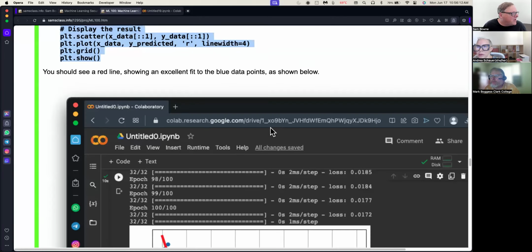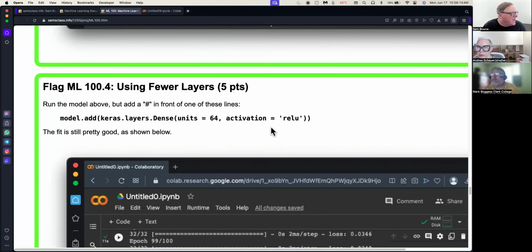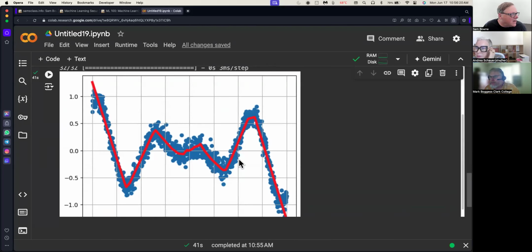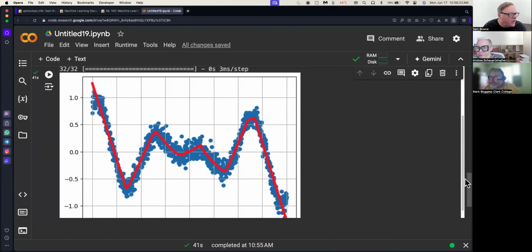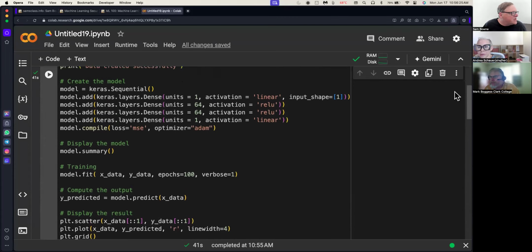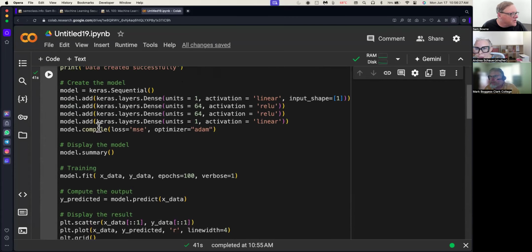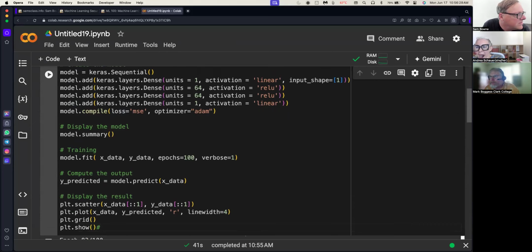So now you can play some games with it. Suppose you don't have 2 layers of 64 neurons in the middle. I can go to 1 layer of 64 in the middle. So let's just comment out one of those hidden layers. Whoop, it didn't take my mouse movement correctly. There we go.